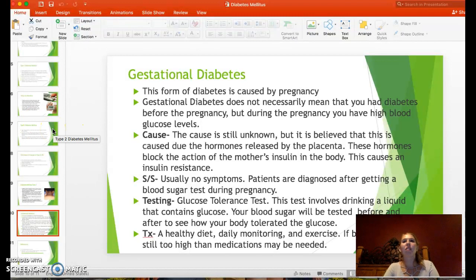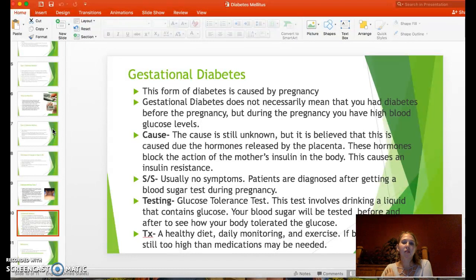But it is believed that it's caused by the hormones released by the placenta. Those hormones keep the baby alive and healthy, but they also unfortunately block the action of the mother's insulin in the body. So this is what causes the insulin resistance in mothers during pregnancy.